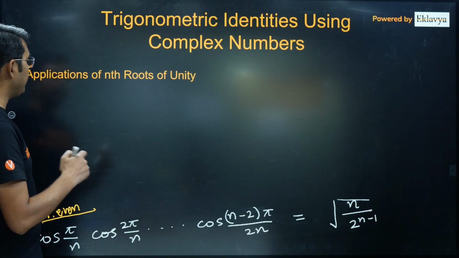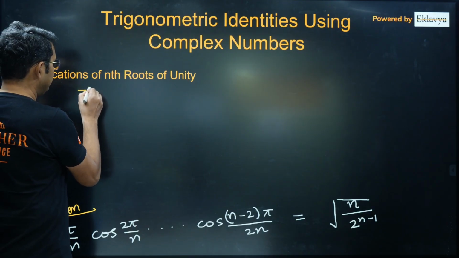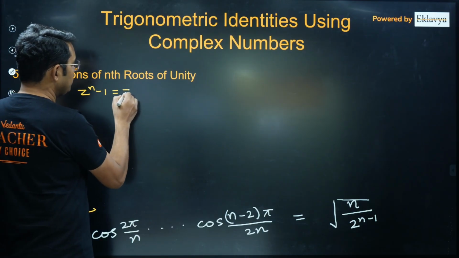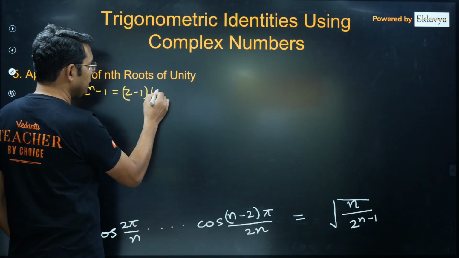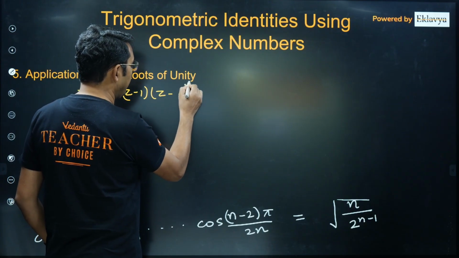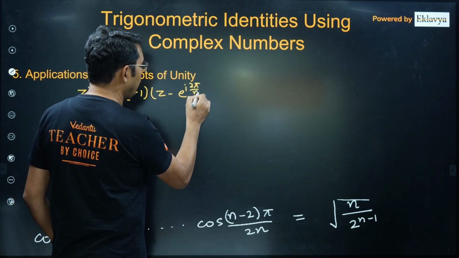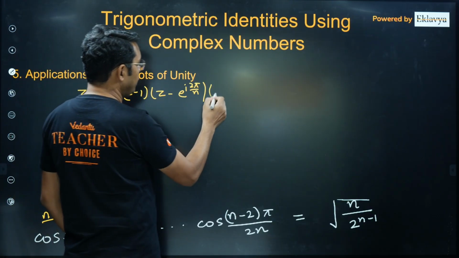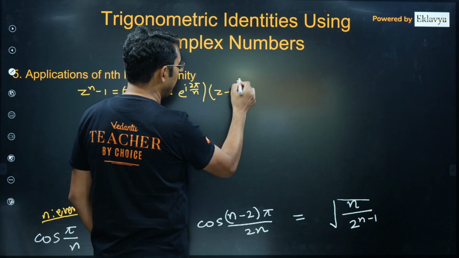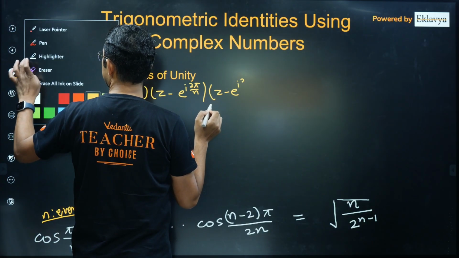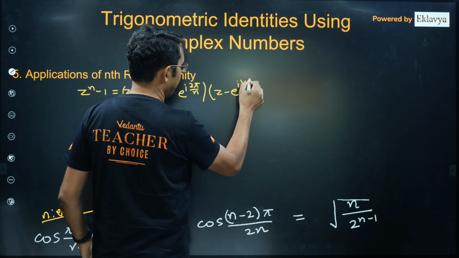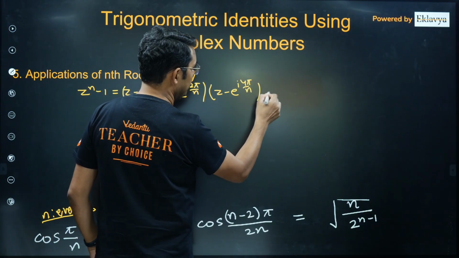For n even, try to understand that z power n minus 1, its factors were z minus 1, z minus e power iota 2 pi by n. Instead of alpha 1, I am writing 2 pi by n, I hope that is fine. Then for alpha 2, I am writing e power iota 4 pi by n, and so on.